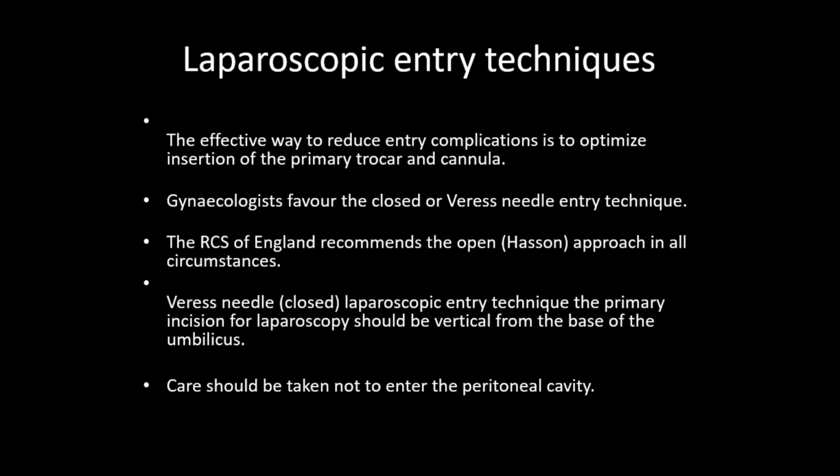So any insertion of the port, either primary or main trocar or secondary port, should be under pressure of intra-abdominal space 20 to 25 millimeter mercury, not less than this, to avoid possible injuries.